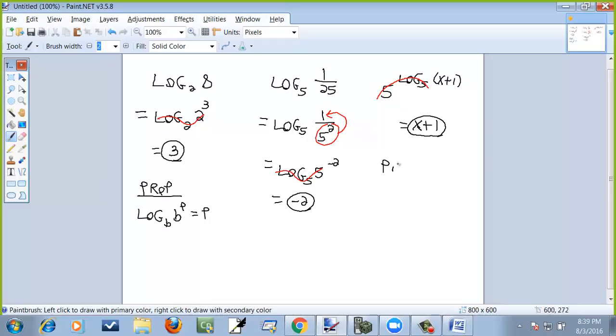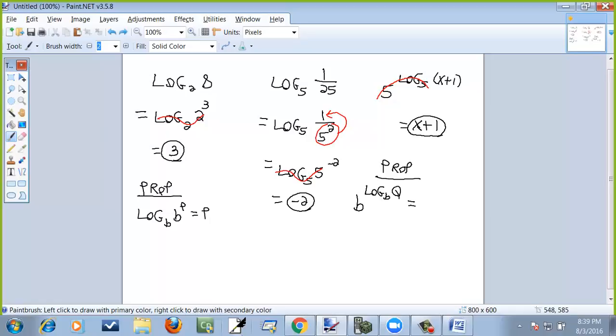Now the property on that. The property says we got b to the power of log base b of q is going to equal q. Pretty simple idea on these two problems. Not always simple to get it in the correct form, unfortunately.